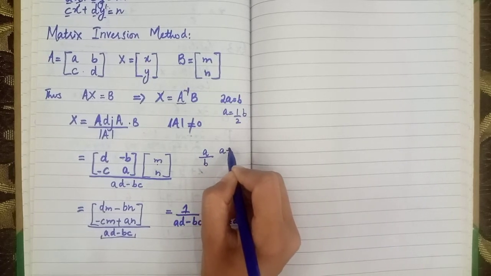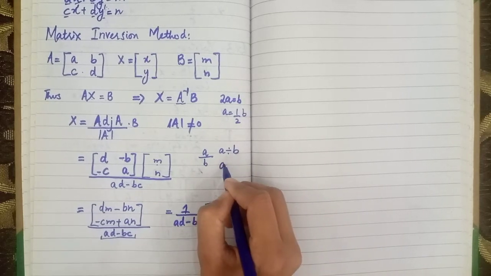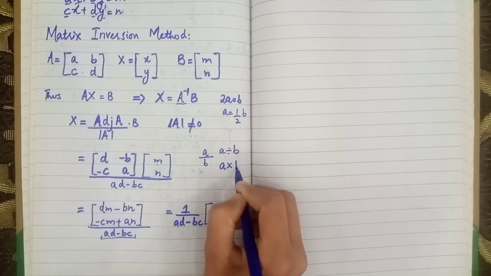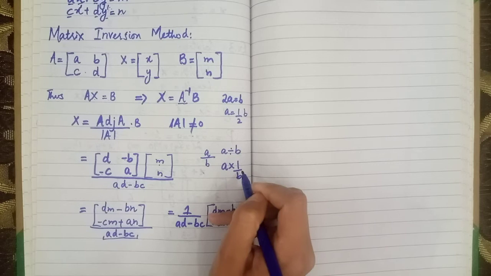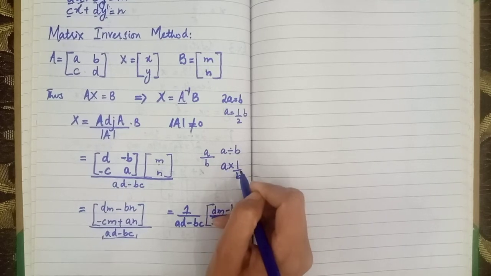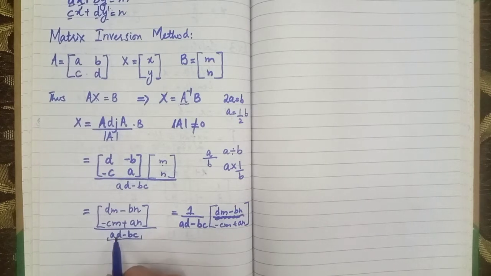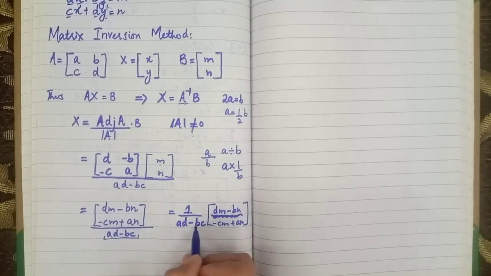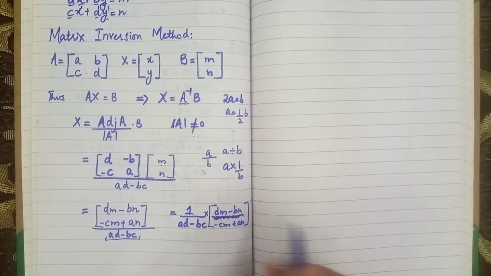You can write it as a multiplied by 1 by b. When you multiply it, it would be 1 by b. So here is the case. It was written here, dividing this whole matrix. I took it up and then it would be 1 by ad minus bc multiplying with this whole matrix.